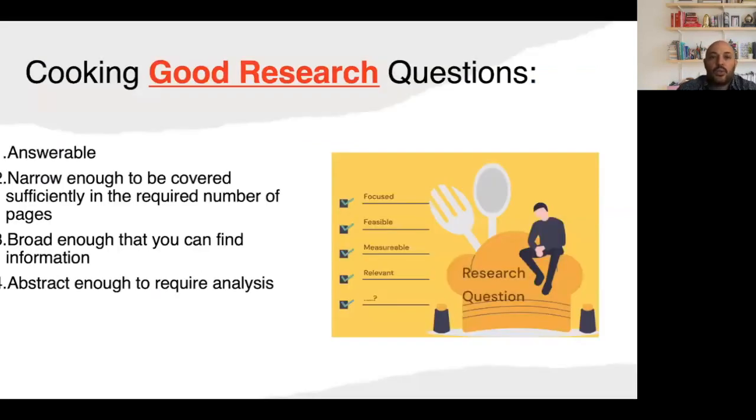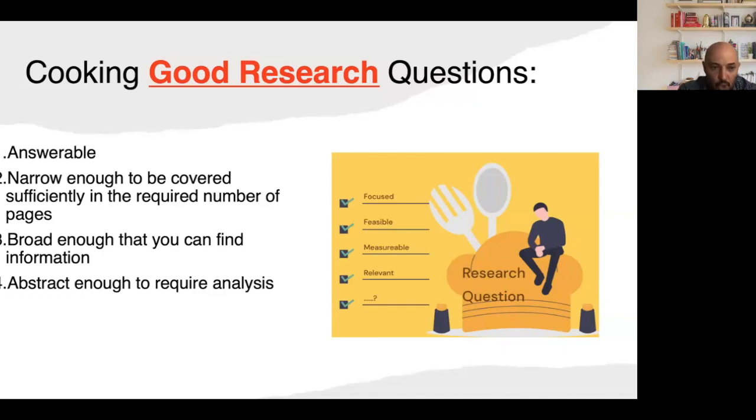When you are cooking up a good research question, it must be answerable, and narrow enough to be covered sufficiently in the required number of pages. You cannot have a really broad topic. It should be broad enough that you can find the information, but somewhere just right between too narrow and too broad.